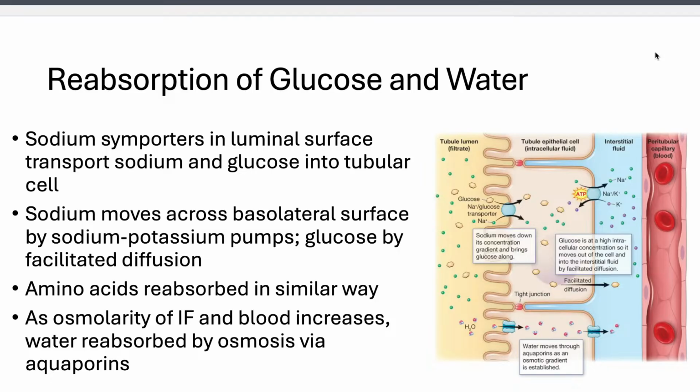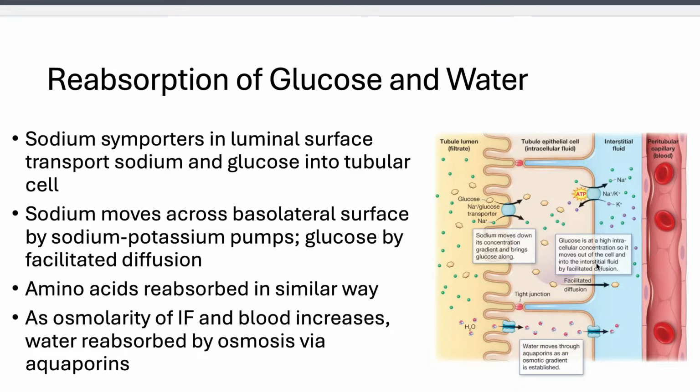So sodium symporters at the luminal surface transport sodium and glucose into the tubular cell. So that sodium and glucose analogy that I used earlier was something in my mind. I forgot about this. So sodium moves across the basolateral surface on this side by sodium potassium pumps, and glucose by facilitated diffusion.